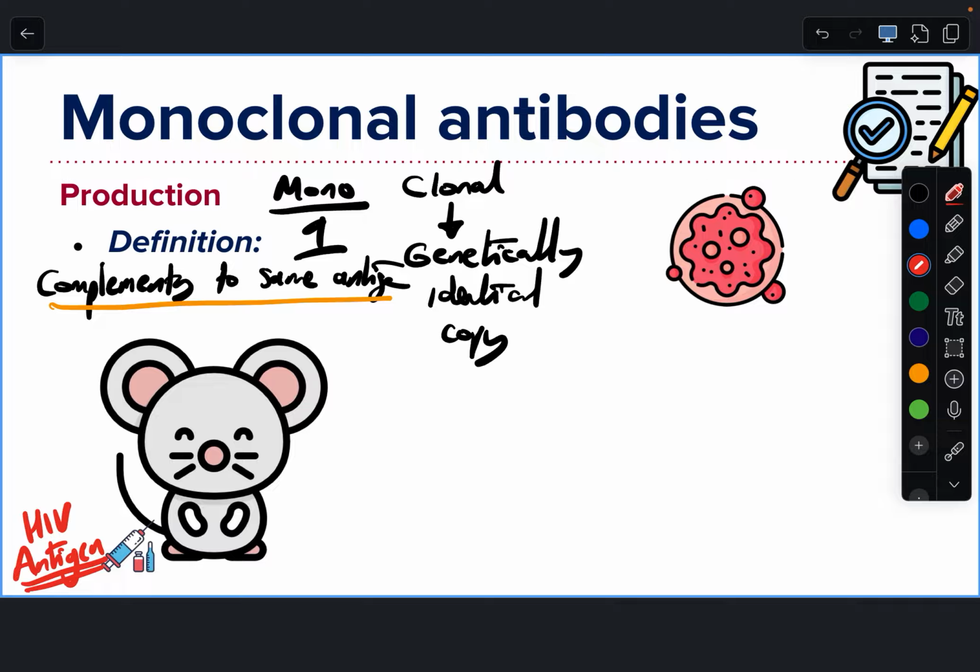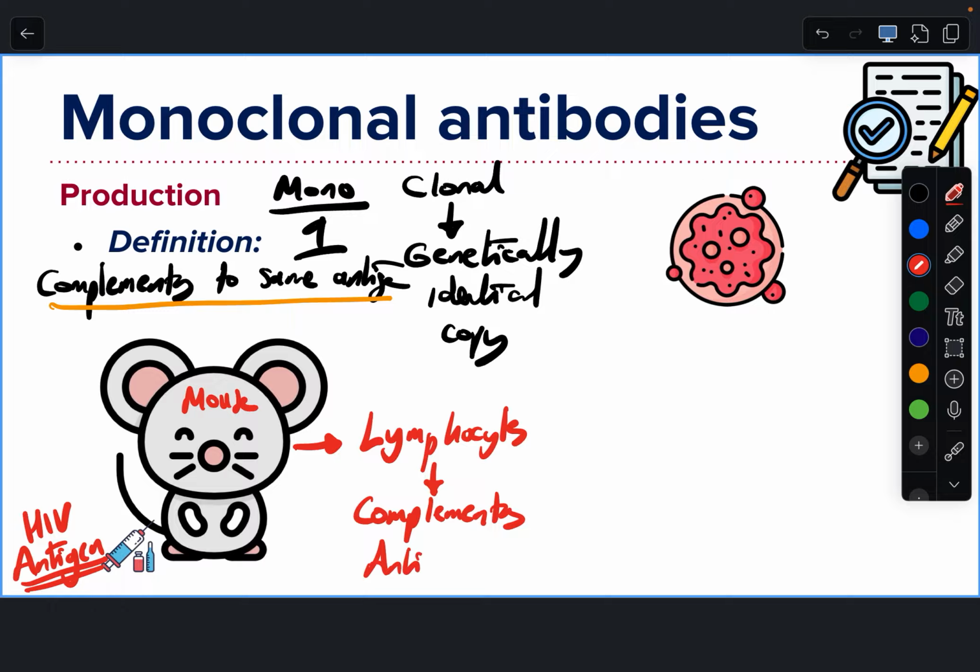So the first thing you do is inject that antigen into a mouse. Okay? That mouse's lymphocytes are then going to produce complementary antibodies to the HIV antigen or the antigen that you are testing against.